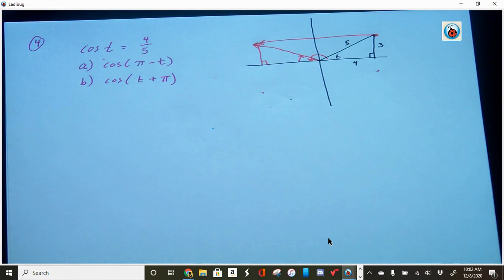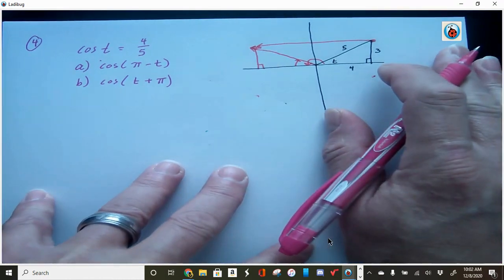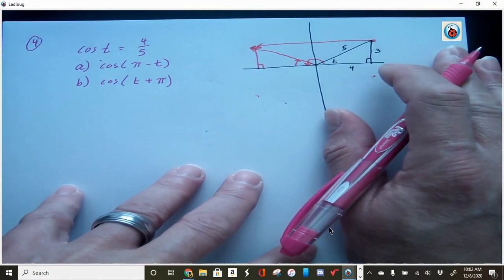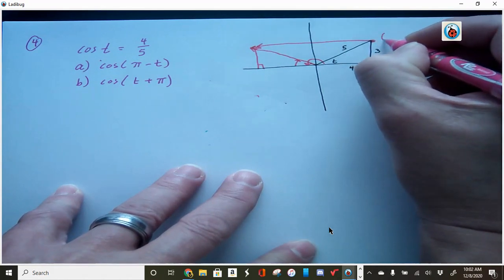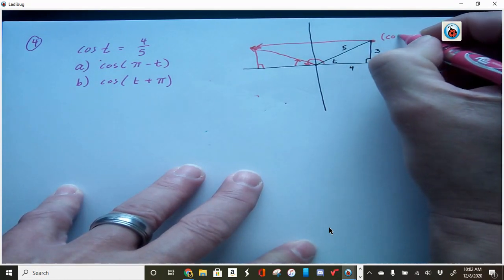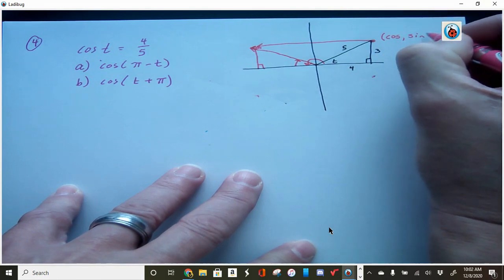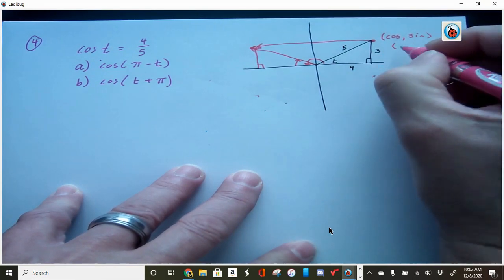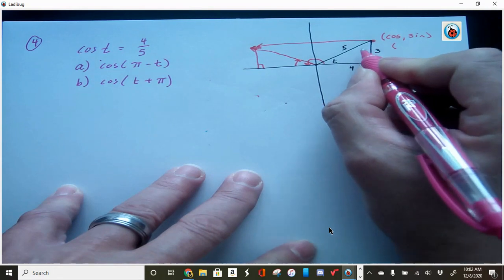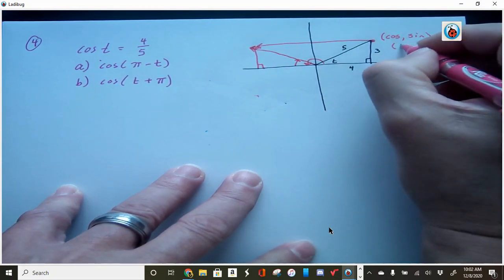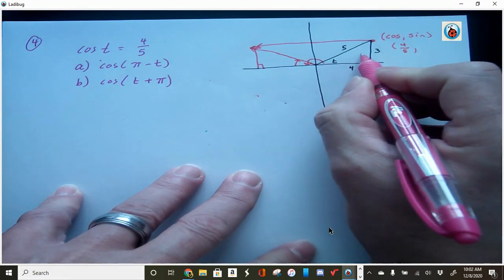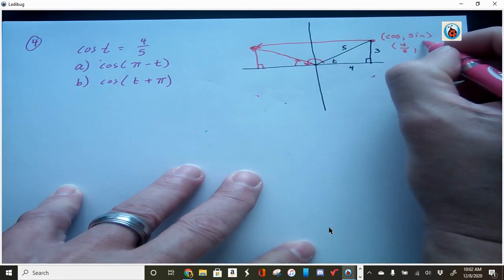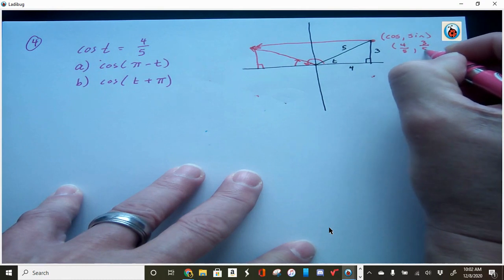Also, based on one of those charts I gave you in the 4.2 guided notes, I know that this ordered pair will be the cosine of that value and the sine of that value. So I know that the cosine of this angle right here is 4/5, so its x coordinate is 4/5, and the sine value is 3/5, so that must mean that this y value is 3/5.